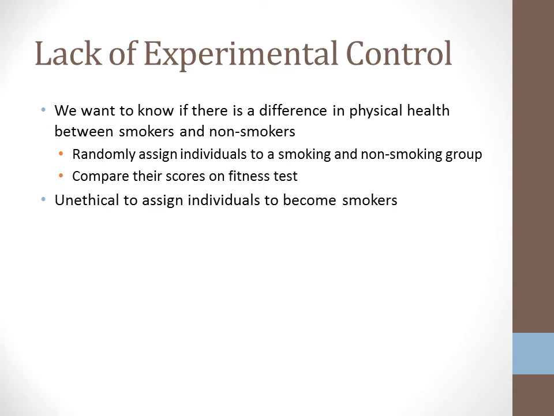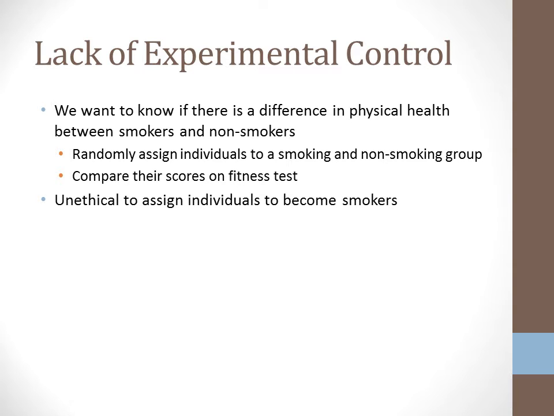However, it is unethical to assign individuals to become smokers because of all the health issues associated with smoking. Alternatively, we can do an observational study where we find individuals that are already smokers and non-smokers and compare their fitness scores based on their previous smoking status.